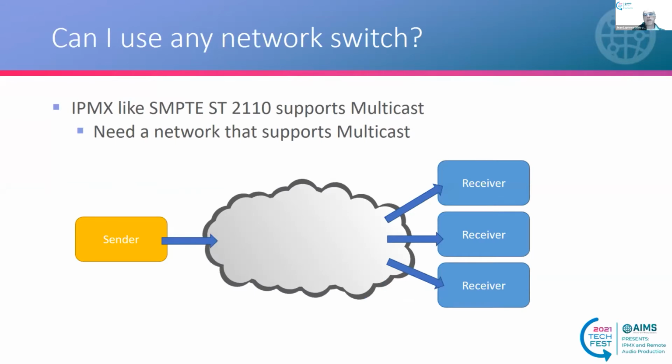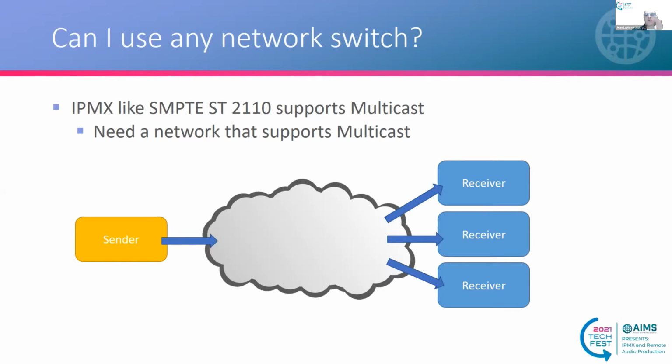So we saw that IPMX supports a wide range of network speeds. Does it mean you can use just any kind of network switch? That was our first question. What about, for example, using a consumer grade 8-port gigabit switch? Well, if your network is really small, I suppose you could do that.